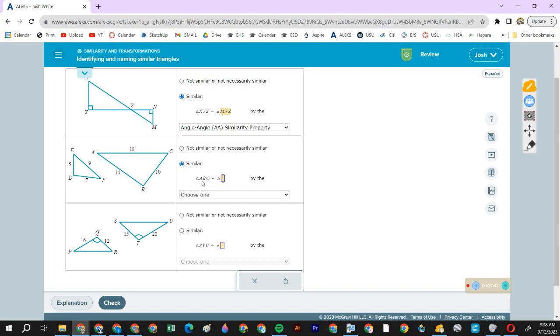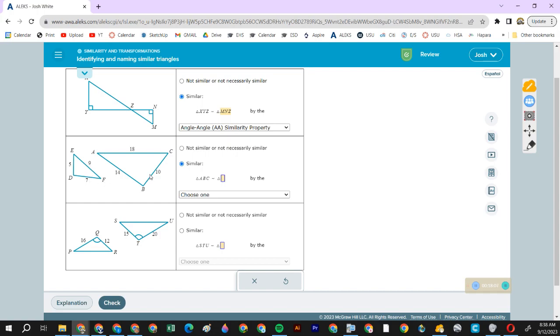Okay. Which angle lines up with A? So A is between the long side and the middle side. So we go to this triangle and we find the long side and the middle side.